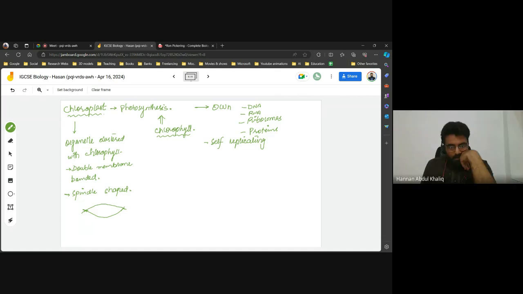Okay. So it is spindle shaped, and you can also find the lipid stored in the form of droplets. It can store the lipids as well as starch. It can store the starch in itself.